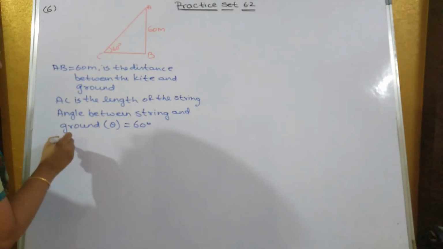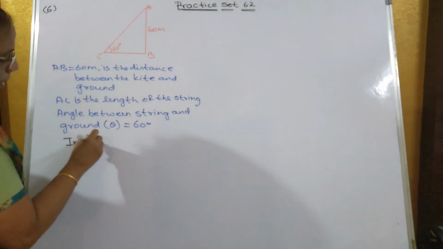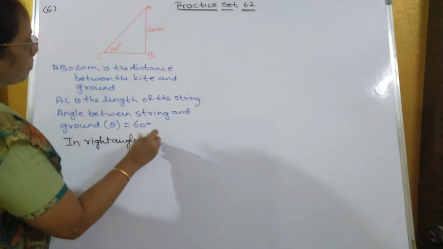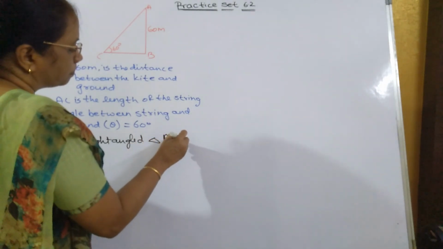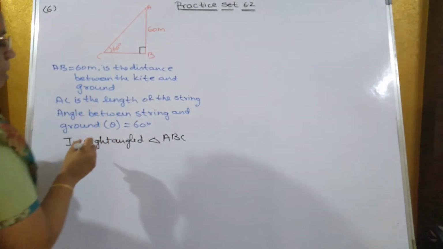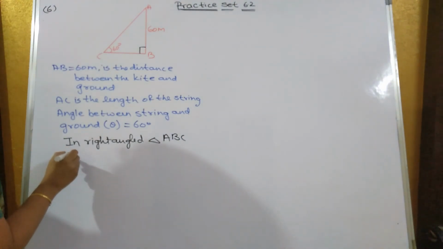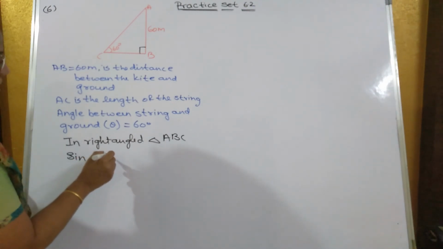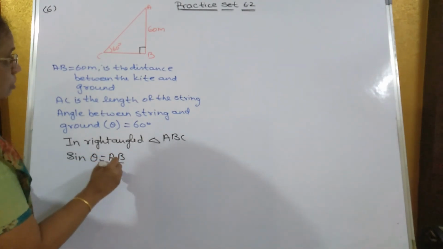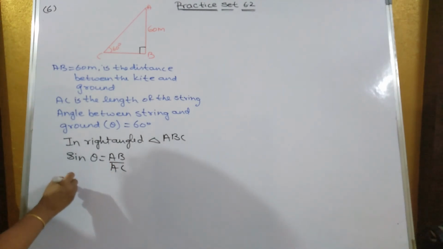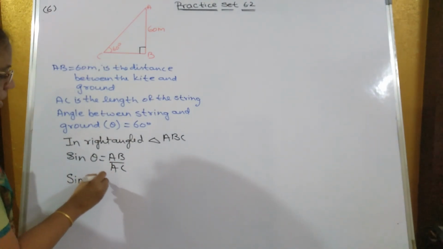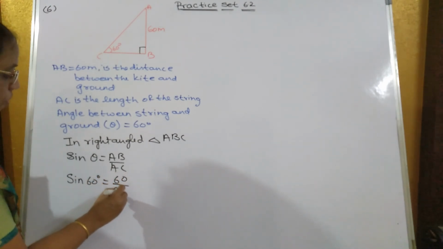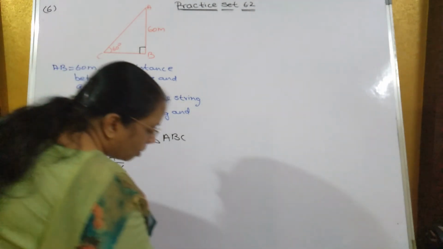So sine in right angled triangle ABC, sine theta is equal to opposite side AB upon hypotenuse, that is AC. Now sine 60 degree is equal to AB, that is 60, upon AC.